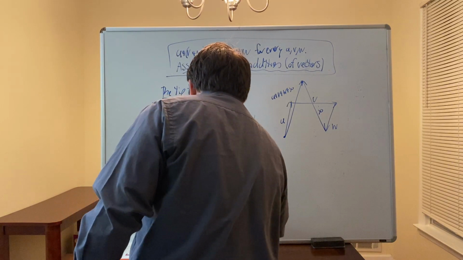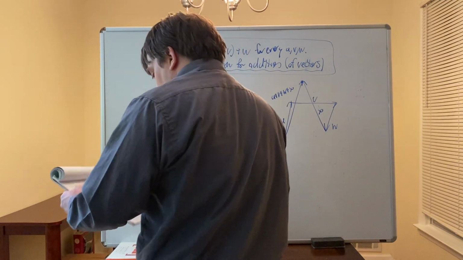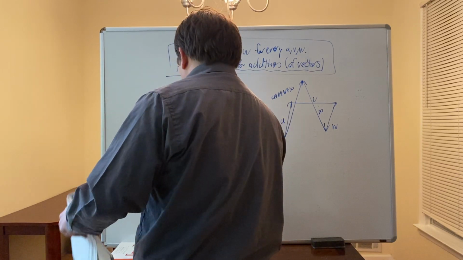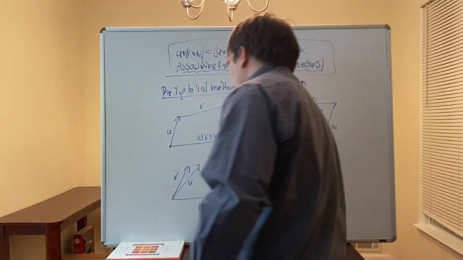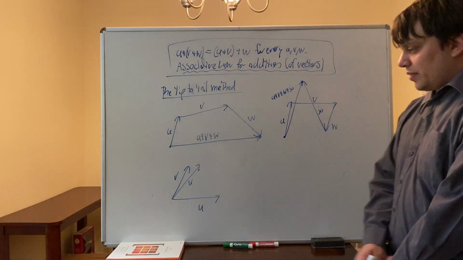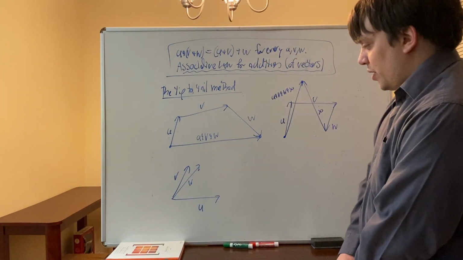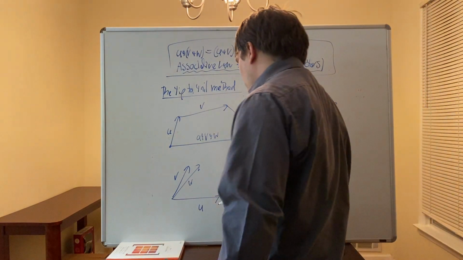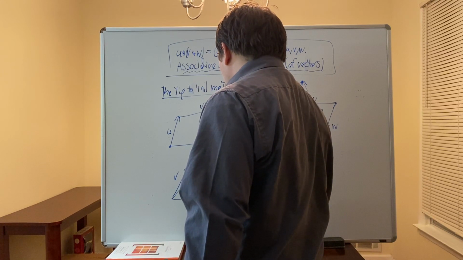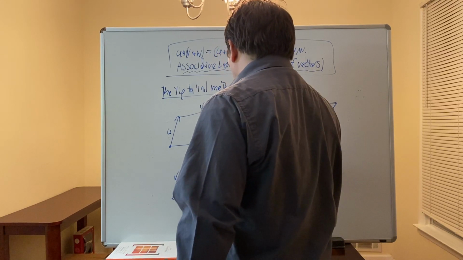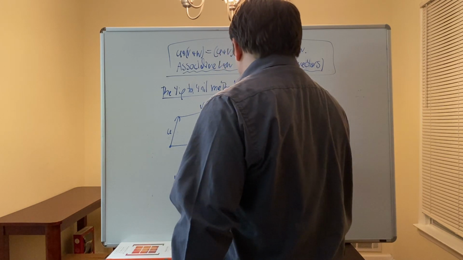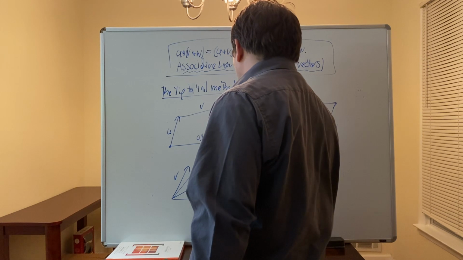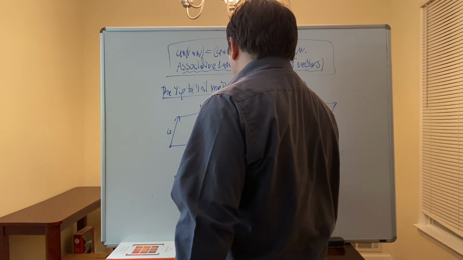Now we have u, v, and w. In this example you can think of u, v, and w as being edges of a cube or rectangular prism. Adding u plus v plus w, you would get this vector, and it would be the opposite end of this box.